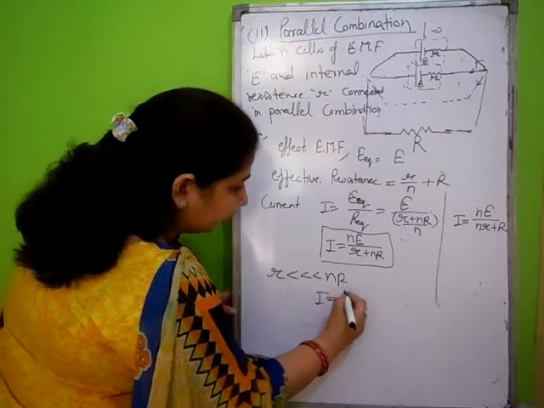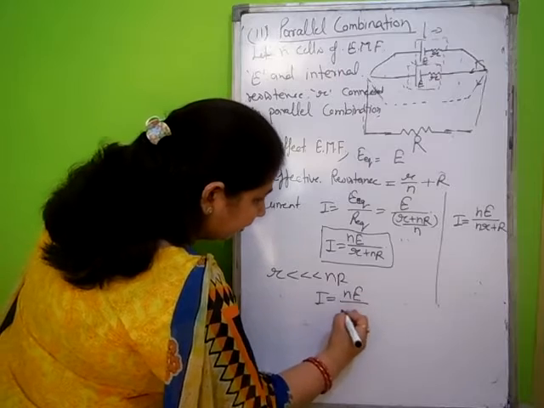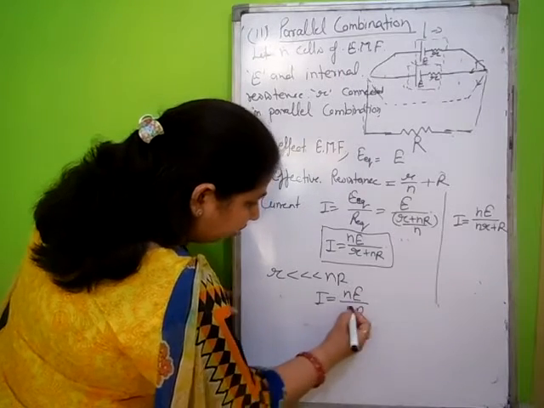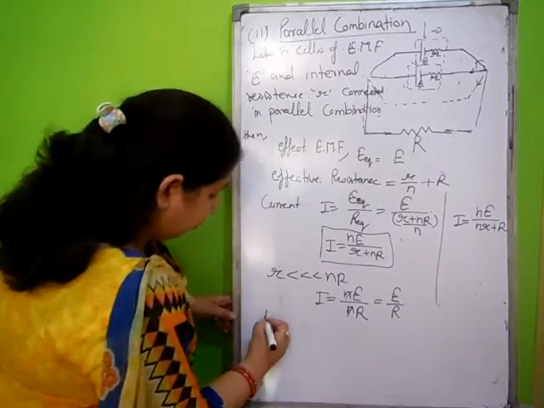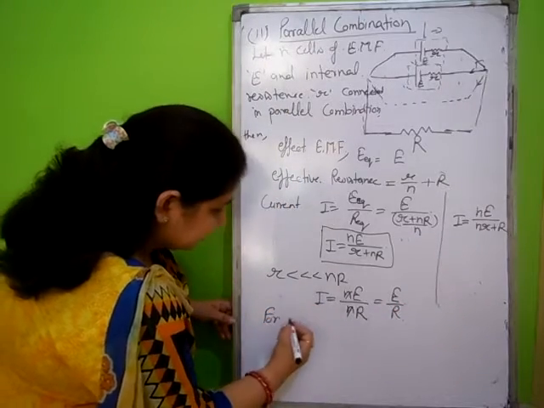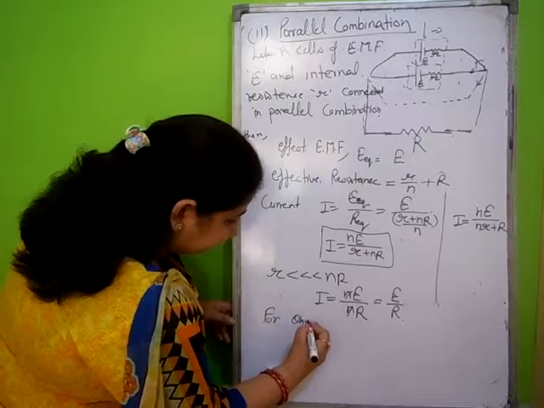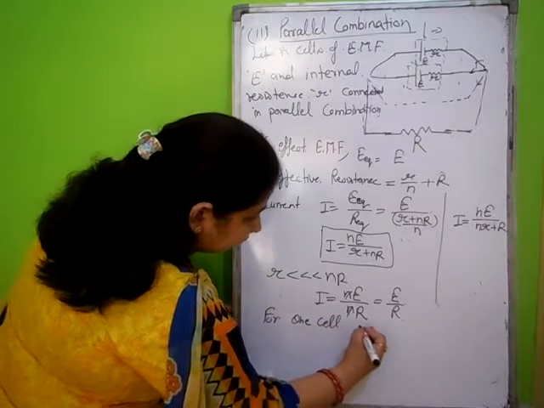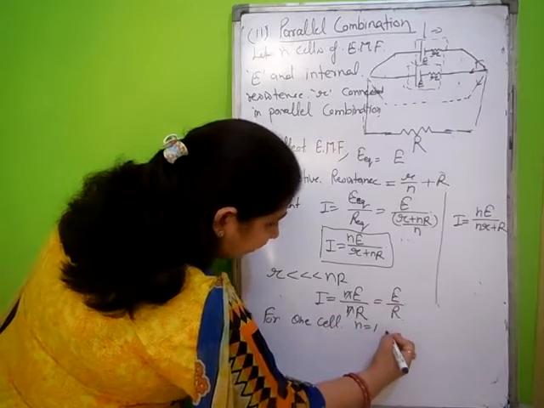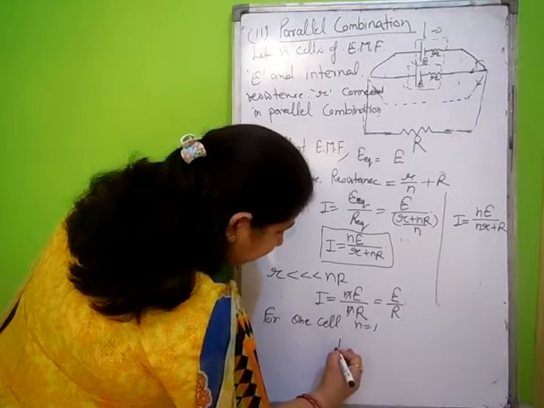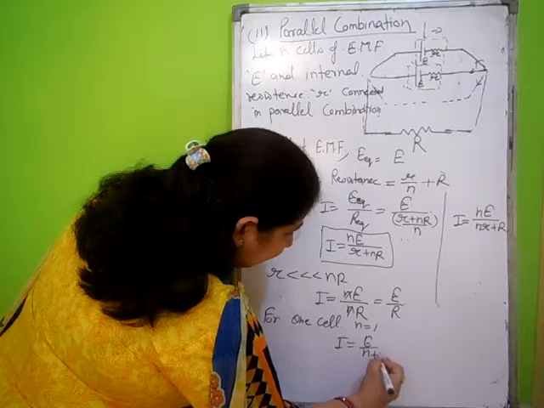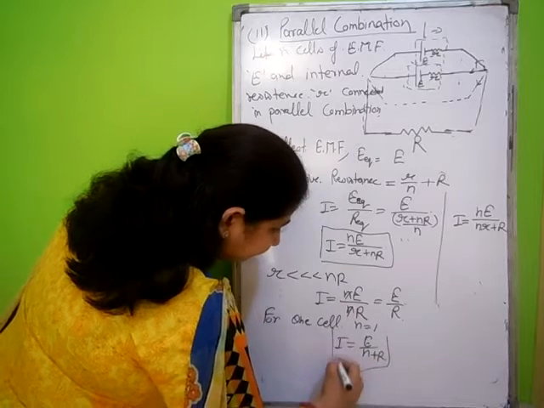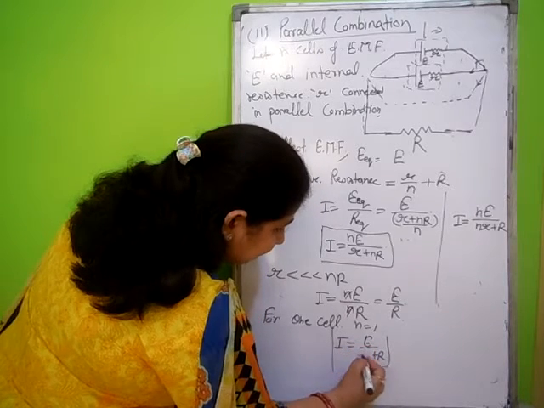Then I is equal to nE upon nR, or E upon R. For one cell, n is equal to 1, we also have I is equal to E upon r plus R.